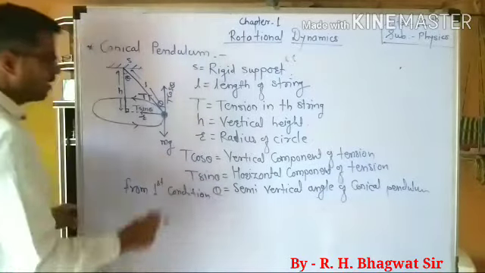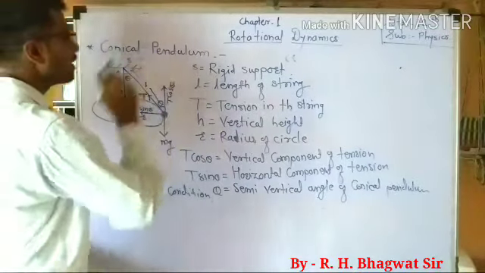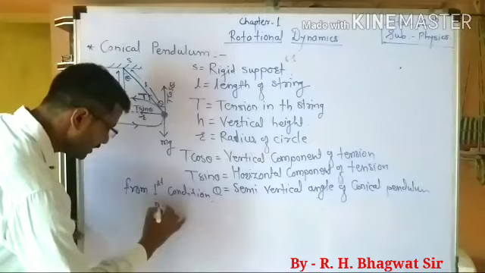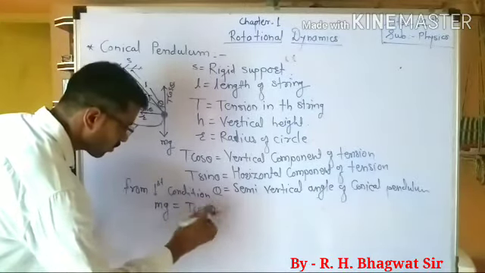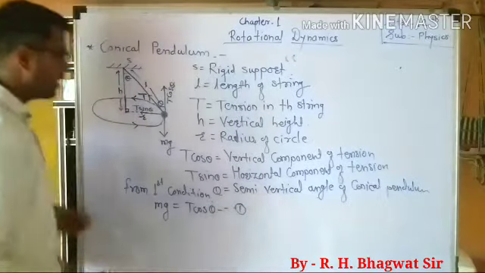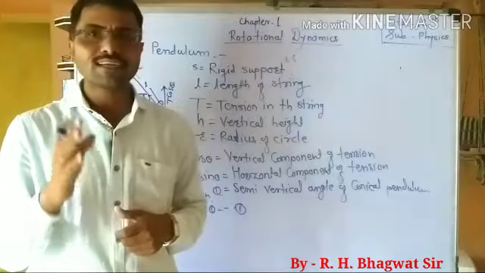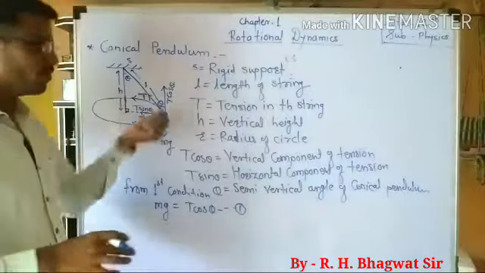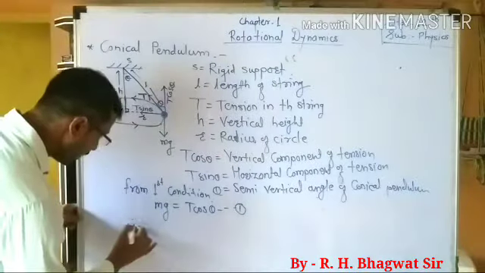the weight of the bob is balanced by the vertical component of tension. Therefore, mg is equal to T cos theta, equation number one. The horizontal component T sin theta gives the required centripetal force for the circular motion of the bob.